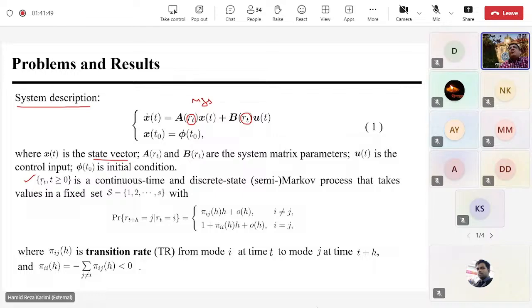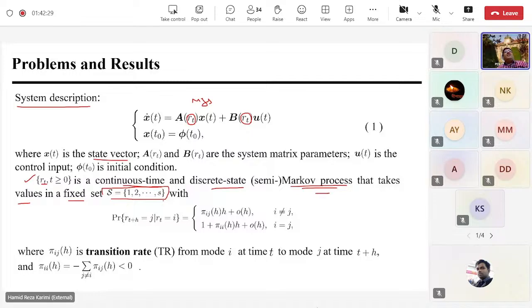So r(t), for t positive, is a continuous-time, discrete-state Markov process, a classic process. It means that r(t) gives you a stochastic process, a Markov process. This r(t) takes its values from a fixed set S, from 1 up to S. So what does it mean here?